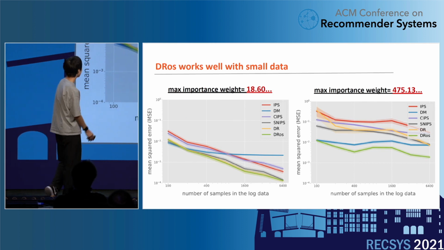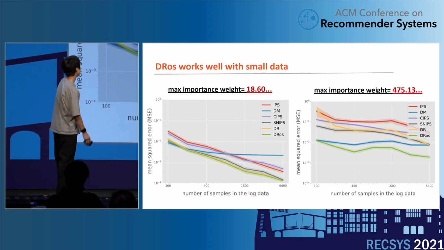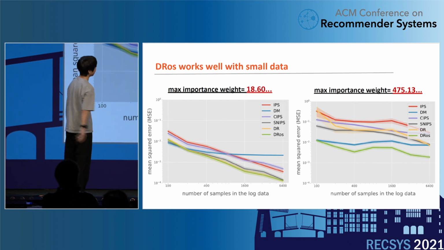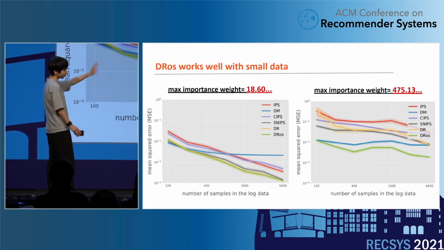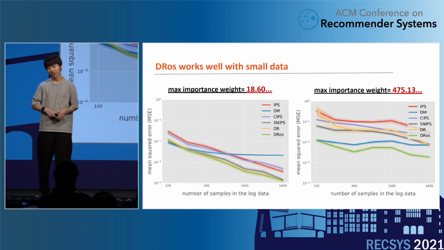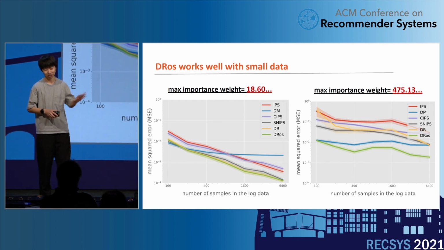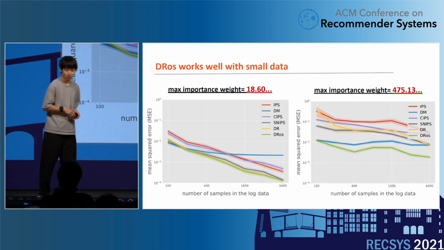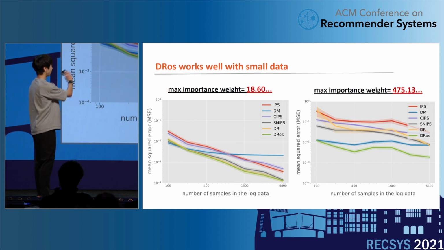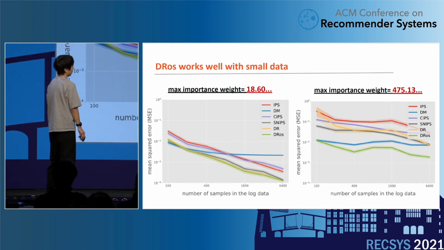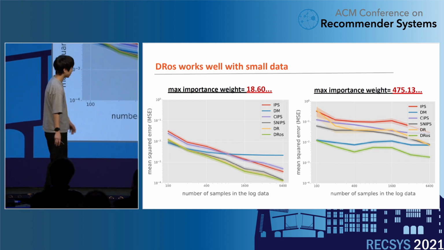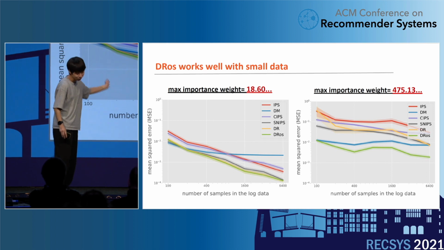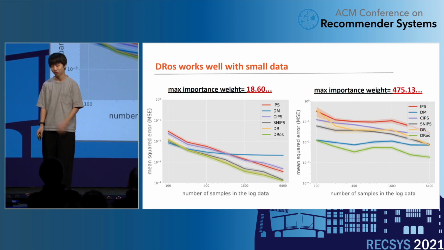Let me emphasize again that the right-hand side result is pretty challenging for all the estimators, because all the estimators have worse results compared to the left-hand side result. We can compare the two results because we now have exactly the same scale of the y-axis. But again, the shrinkage estimator, the green line, is good in the easy setting, and also it's doing great in the right-hand side, the challenging setting. It is outperforming the other estimators, including the direct method, the blue line.